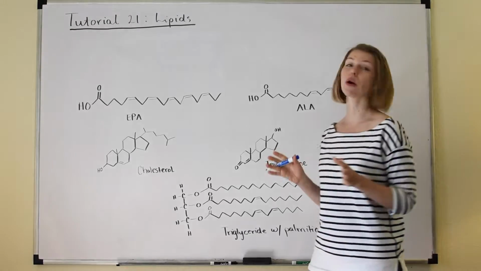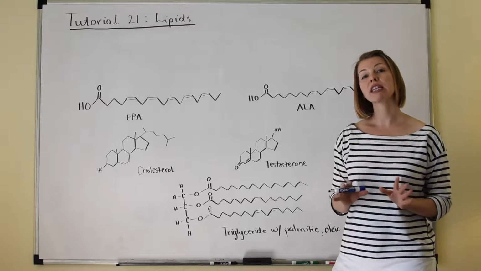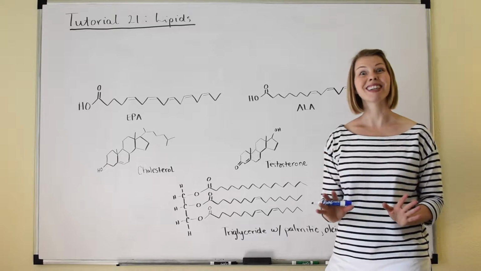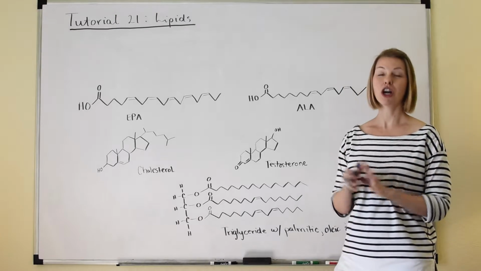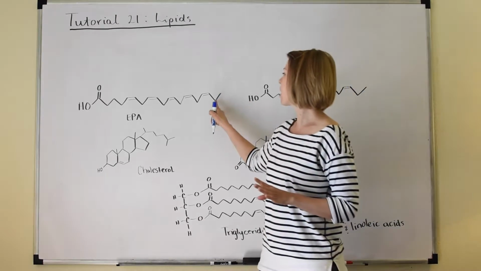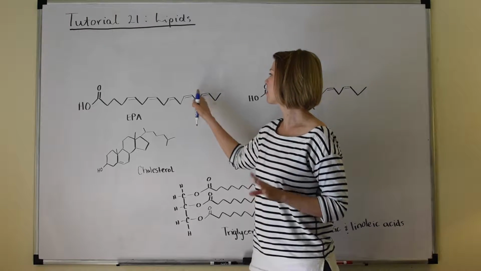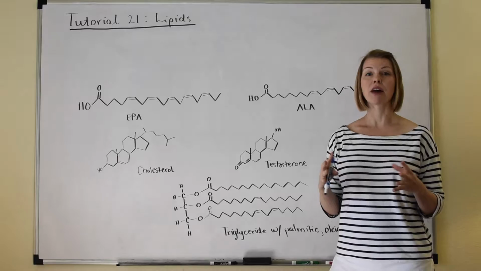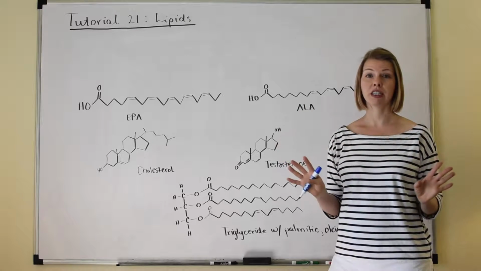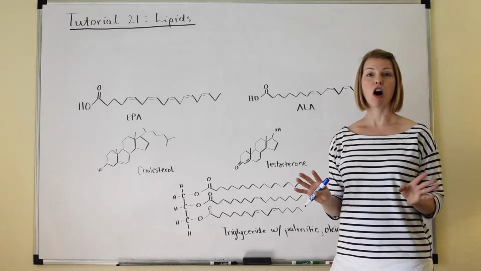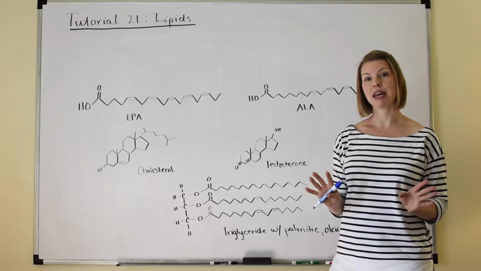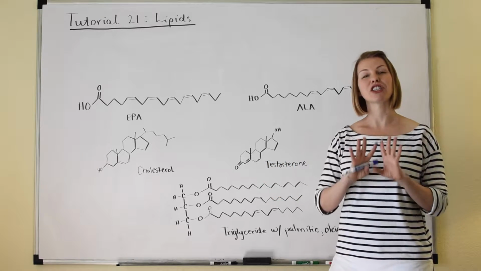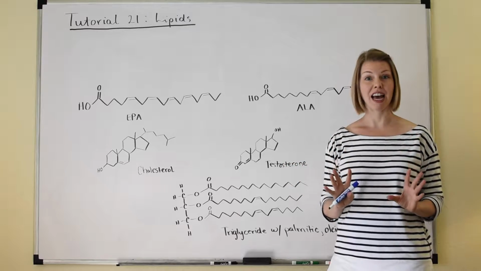First thing I want to point out is that I've drawn everything in line structure. In case you have forgotten how to interpret a line structure, remember that every point represents a carbon. And all the hydrogens bound to those carbons are just assumed. We don't write them in, it would take too much time. These are very large molecules, so they're just assumed for octet.